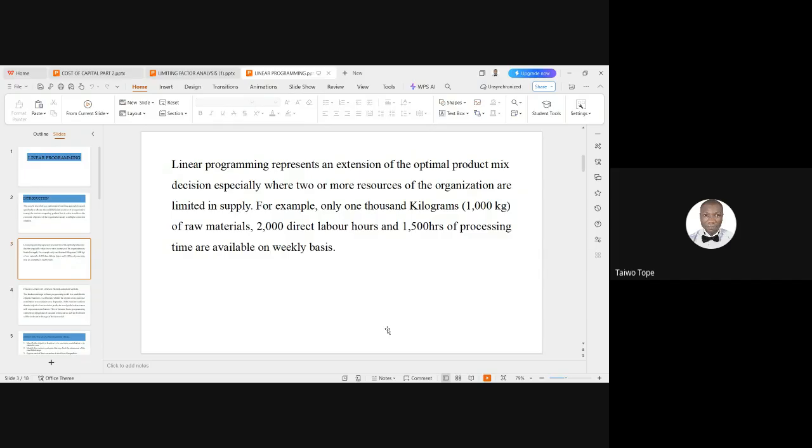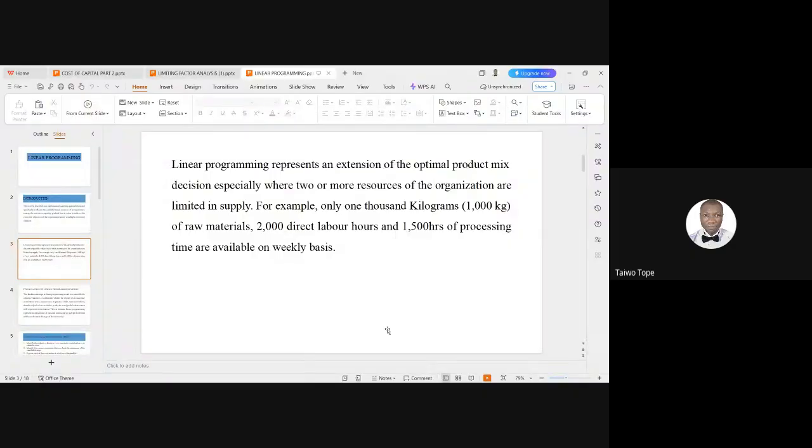So the key elements in linear programming, there are certain elements you must note when trying to solve linear programming questions. You will definitely have the unknowns, decision variables. These decision variables are the unknown variables whose values you want to determine. For example, to solve a linear programming question, you will need to formulate inequalities.